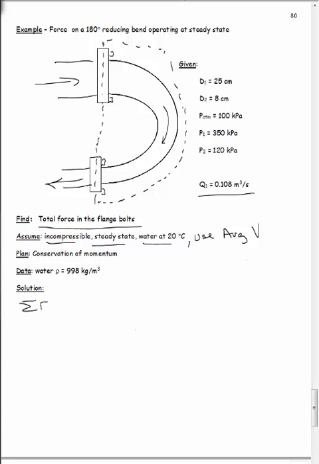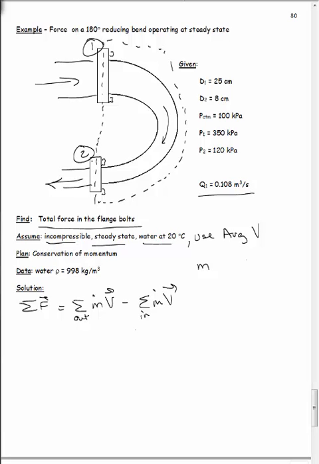Sum of the forces equals sum, and we don't have an accelerating control volume, so sum of m dot v out minus sum of m dot v in. All right, so we have one inlet and one exit, so we're going to be able to drop these sums. What we know about mass flow rate is that, oh, I've got to number these things. We've got to number our inlet and exit.